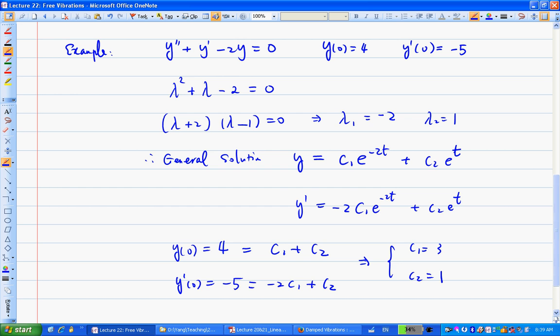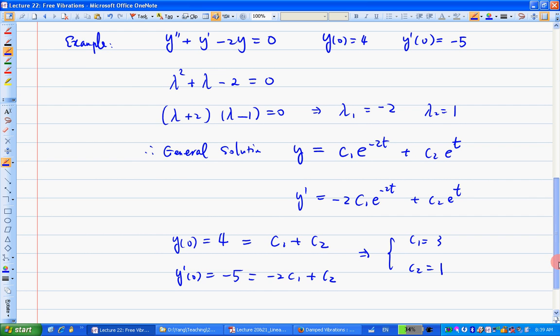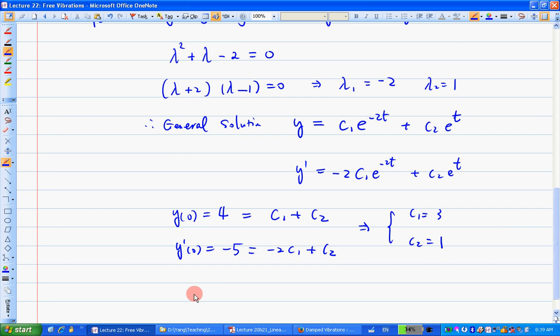For second order ODE here, differential equation. So in the end, you can see my general solution for this particular initial value problem is y equal to 3 of this multiplied by this plus this.